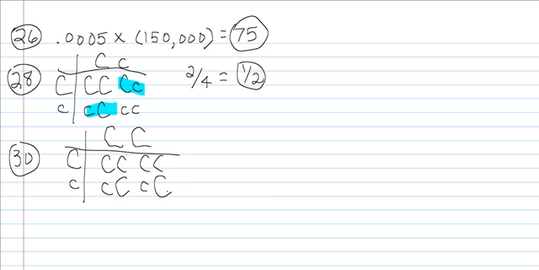What's the probability the child will have cystic fibrosis? None of them have the lowercase. So the probability would be 0 on number 30. And if we do 32, child will neither have nor carry the disease. They don't have it and they're not carrying it, so that would be 2 out of 4, which would be 1/2.